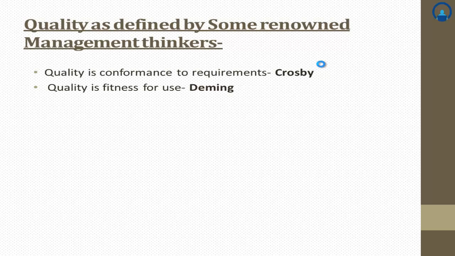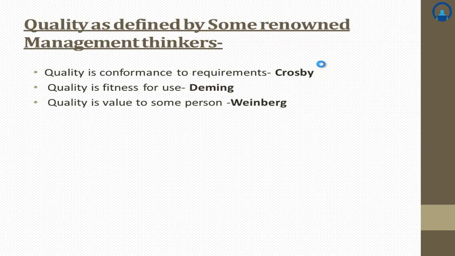If that particular aspect is missing, and on top of that it has all the other features like Android with good RAM and other features, would you still call the phone a good quality phone? I wouldn't, because it is not serving the basic purpose of its existence, calling. Right, so quality is fitness for use, as Deming says.